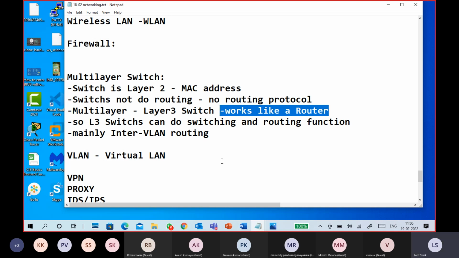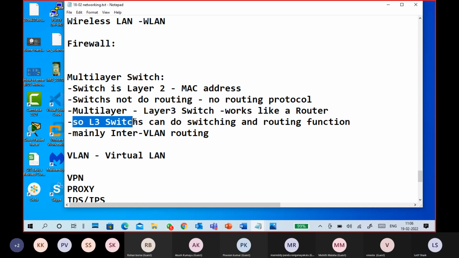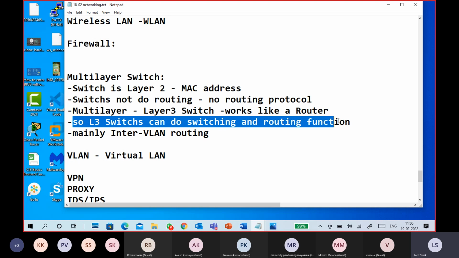A router is layer 3: it understands IP addresses and routing information. So L3 switches can do both switching and routing functions. If you need both, a switch doing the switch function and a router doing the router function, you use a layer 3 switch.